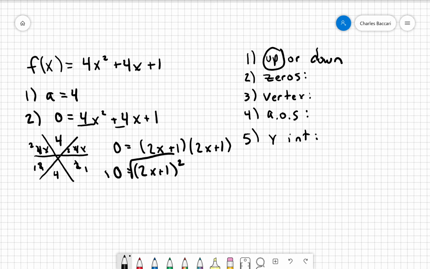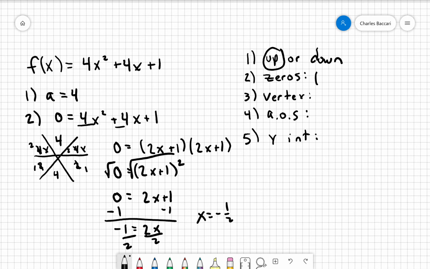Square root it. 0 is equal to 2x plus 1 means x is equal to, getting ahead of myself, negative 1/2.